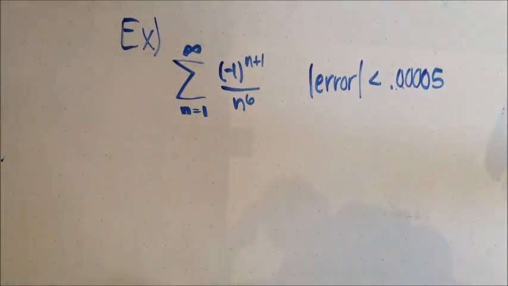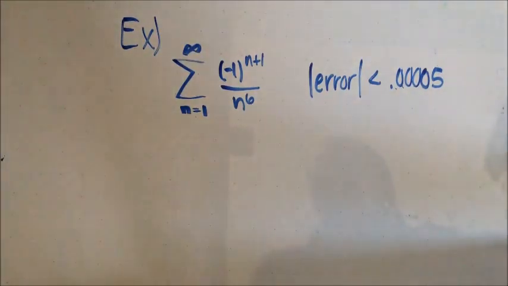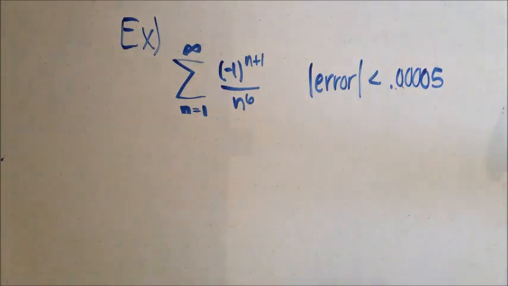One last concept to talk about when you are using the alternating series test is finding the error in order to find the sum to the indicated accuracy. So here's an example where the question would ask, show the series is convergent.